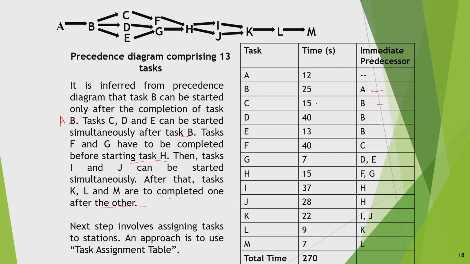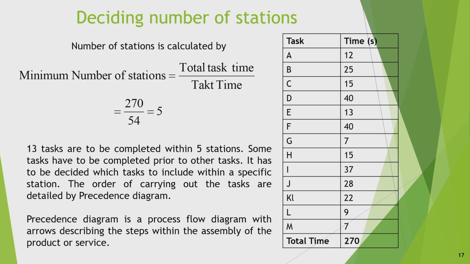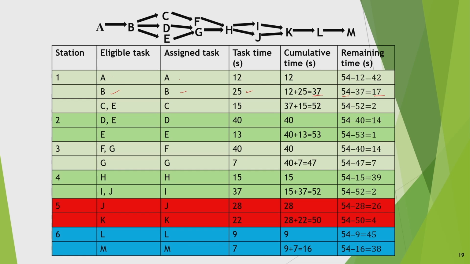Because C is taking the largest time, 15. So 37 plus 15 is 52, and 54 minus 52 is 2. So 2 seconds is still remaining, but is there any task that takes 2 seconds? No task is there, and it is not possible by precedence either. So we have to leave it. This station got some delay, that means 2 seconds is remaining time.